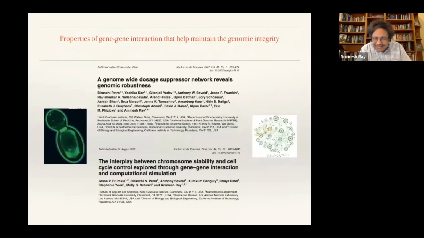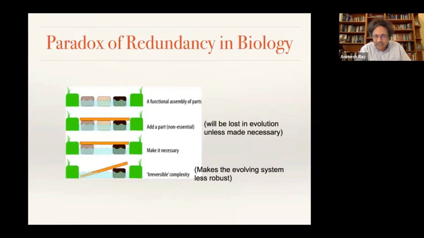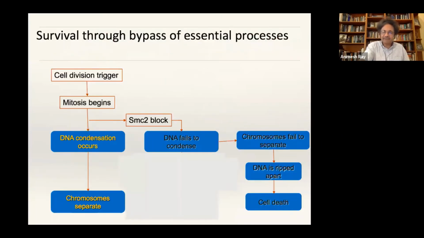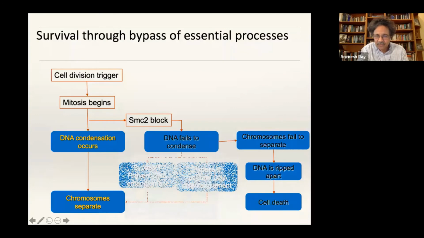So we did that, and I'm going to skip all of this, and found that indeed there are genes that are required to deal with chromosome condensation and chromosome separation, and genes having to do with that, they either enhance or suppress the toxic effects of Huntington's disease protein.